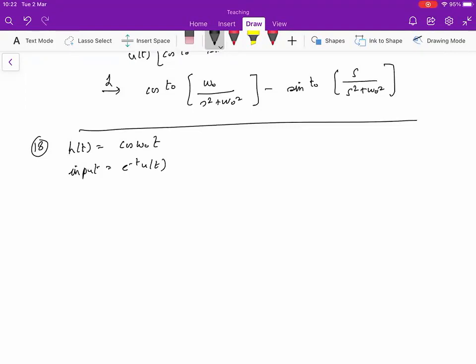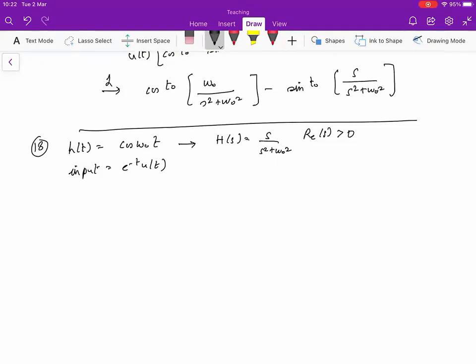So we can then use this to say the Laplace transform of this is H of s, and that's given by s over s squared plus omega naught squared, for real s greater than 0, which is the region of convergence.